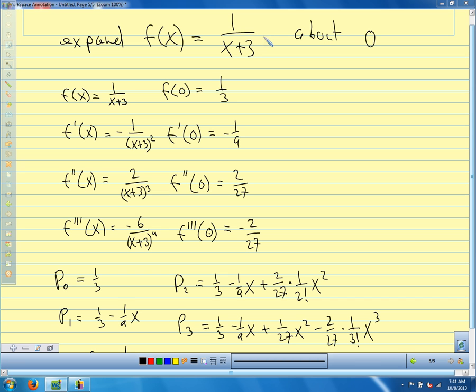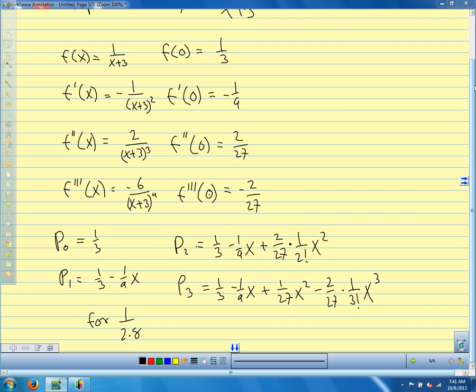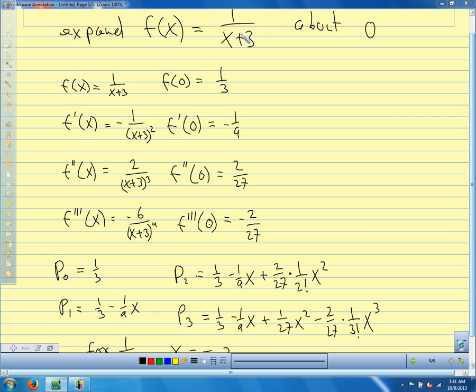A little closer. So what would x be? Negative 0.2. So I would plug in x equals negative 0.2 into this polynomial to approximate 1 over 2.8.